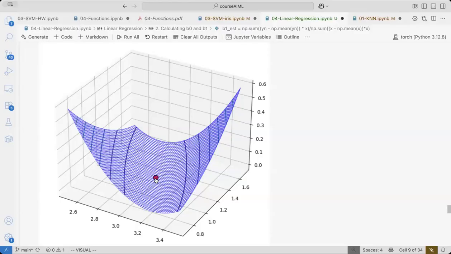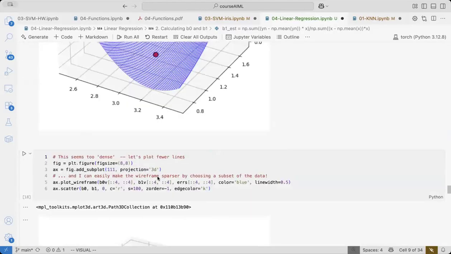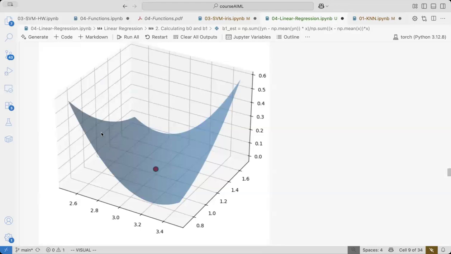So the idea is, when we calculate derivatives, essentially we calculate the derivative and set it equal to 0. But we can also say, maybe I like this better. Suppose I pick a random value of W0 and W1, maybe this point.